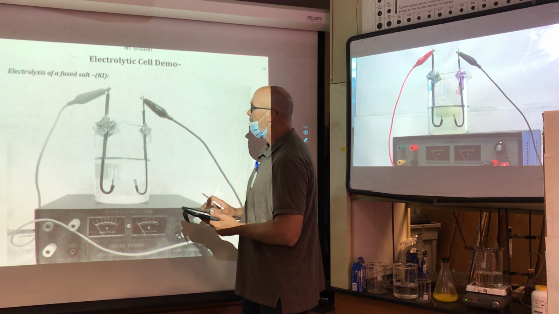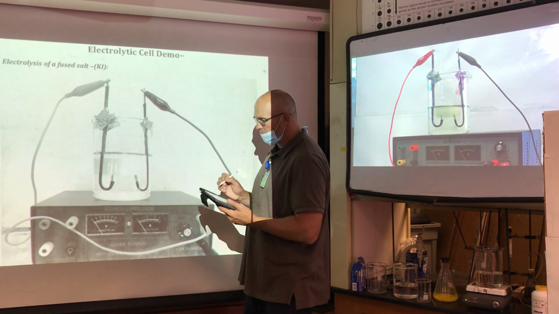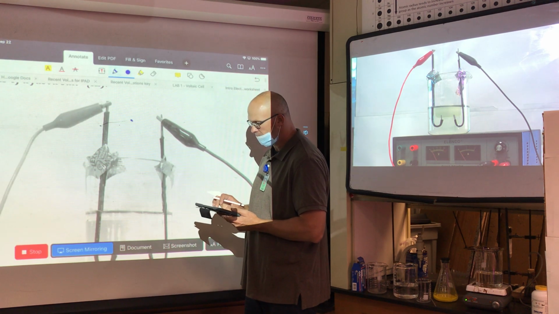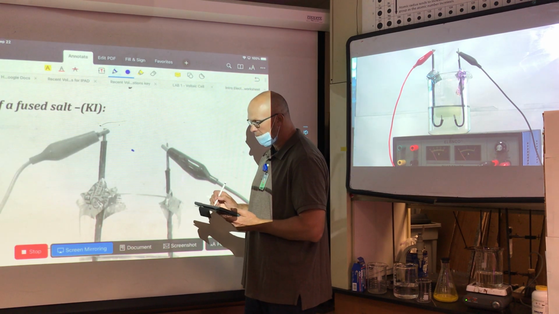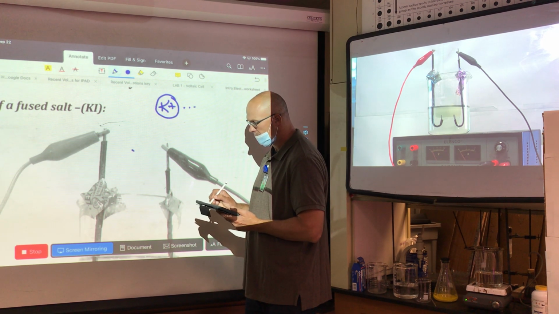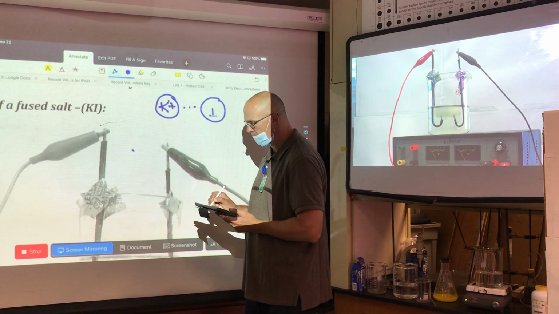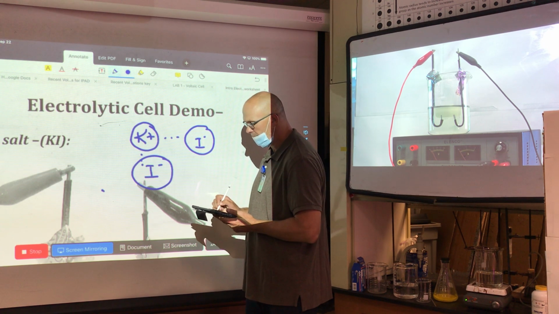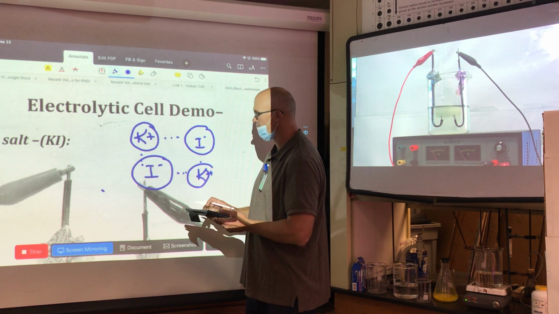Okay, so now, normally we take a salt, which is KI, okay? And KI, like all salts, is really a K+ attracting I-, which attracts another I-, which attracts a K+, and this is a salt.